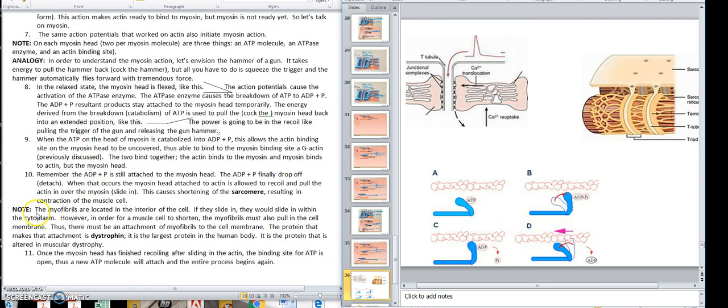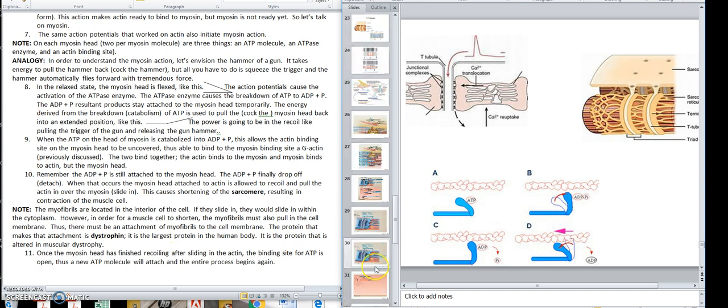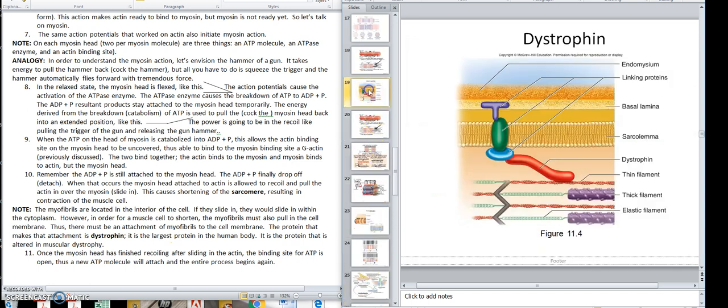Okay? Note, the myofibrils are located on the interior of the cell. They slide in. Now, we already talked about that. The other thing I want to mention is this. In order for the muscle cell to shorten, the myofibrils also must pull the cell membrane. Thus, there must be an attachment. The attachment is due to this right here, which is called dystrophin.